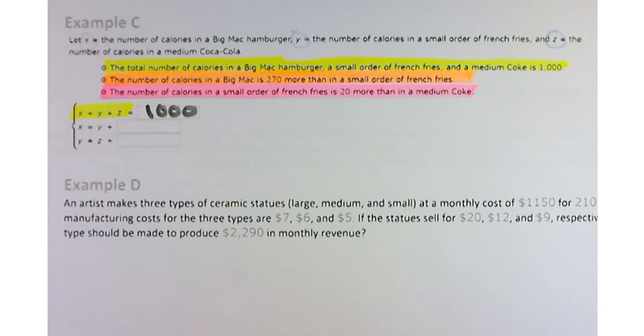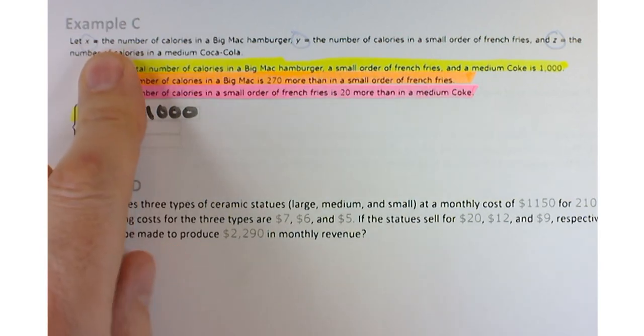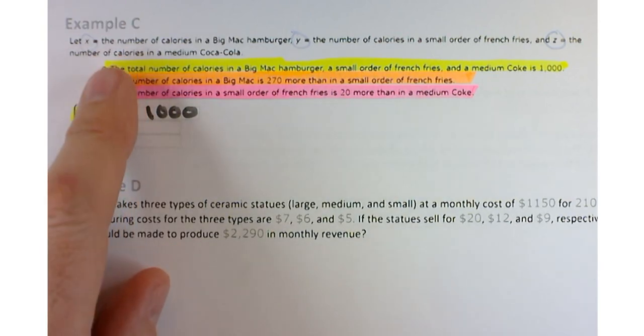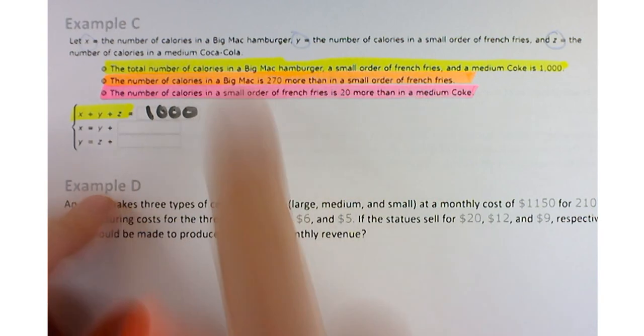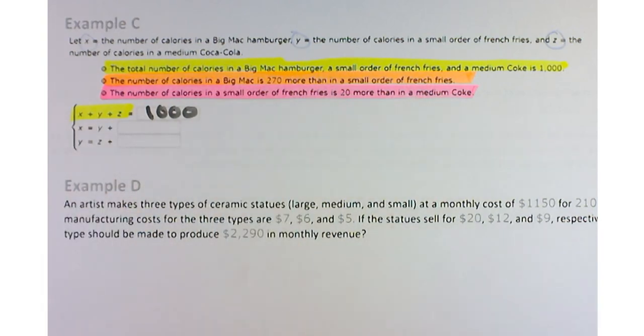The number of calories in a Big Mac is 270 more than in an order of small fries. So, okay, we've got to think about that a little bit. X is the number of calories in a Big Mac, and when you see the word is, oftentimes that relates to the word equal, or the symbol equals.